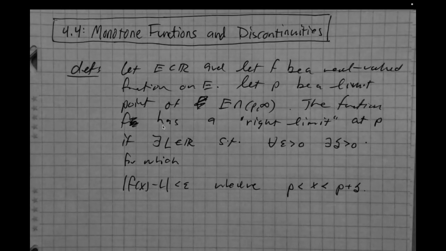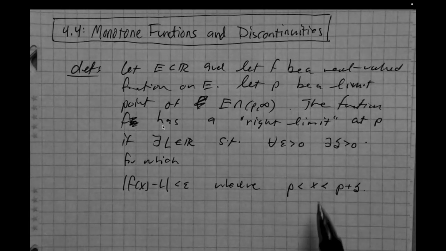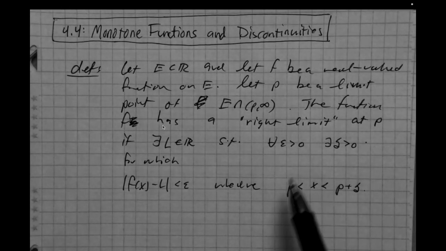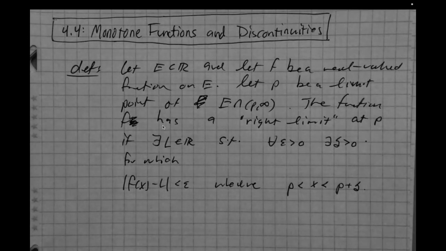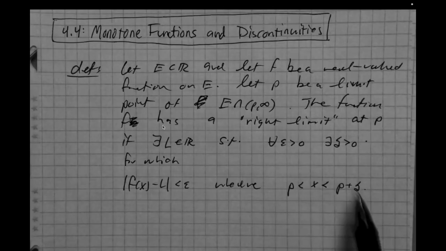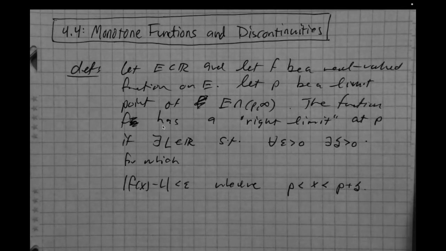Now the left limit, of course, is going to look very similar. It's just going to be a difference in this piece here. This is basically the usual definition of the limit, except here we specify that the limit point P is approached from the right, from the positive side.